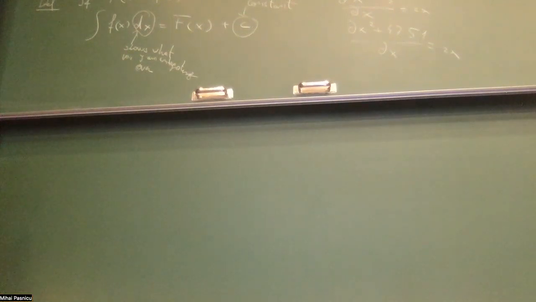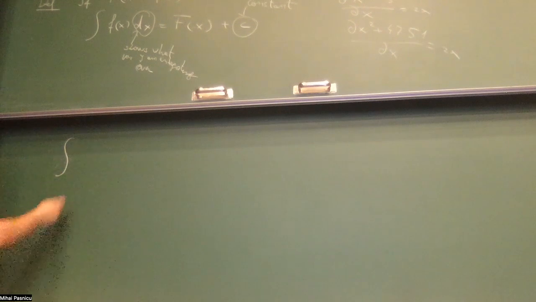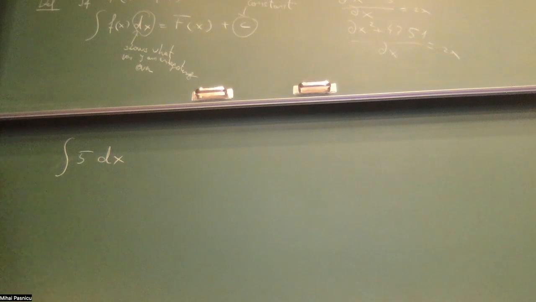Now let's take some examples. Okay, so let's just see how it works in very simple terms. What's the integral of 5, for example? Also, I'll give you some properties and some theorems, but realistically, if you're very confident in derivation, then integration is going to be very easy for you.